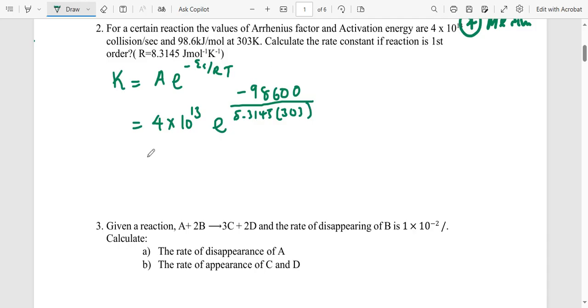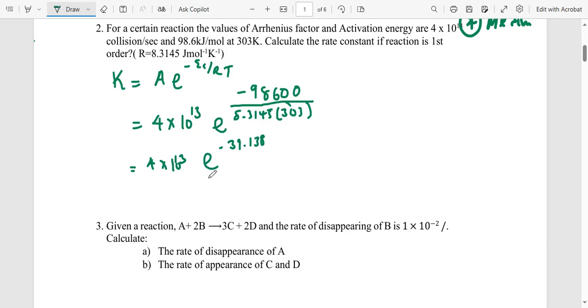So this is 4 times 10 to the power 13 multiplied by Euler's number. We simplify negative 98,600 divided by 8.3145 times 303. That is going to give us negative 39.138. And then you just punch it on your calculator.